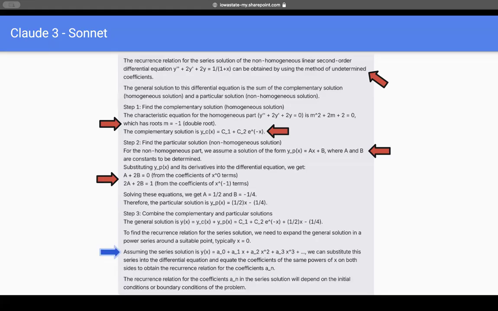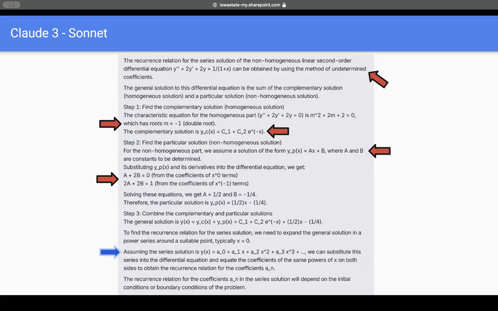And then down here, way at the bottom, after you skip through all of it trying to solve that, we get some stuff that is actually relevant to the question we asked. So, assuming there is a series solution, it'll look like this, which is true. And then it says we can substitute it in and basically set both sides equal to each other to figure out what the recurrence relation is.